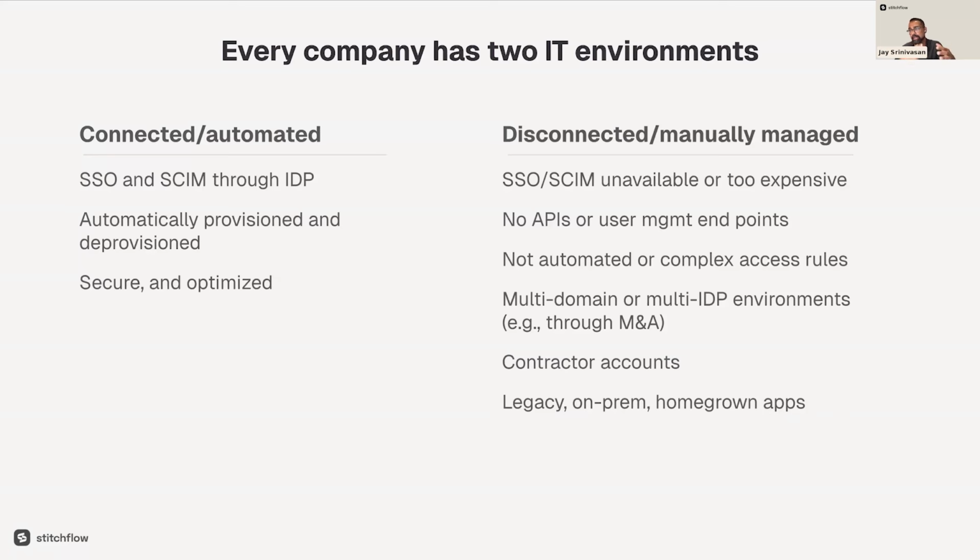A simple way to think about this is you have an identity provider like Okta or Active Directory or OneLogin or JumpCloud, and the tools that connect through Okta, so single sign-on through Okta, as well as when someone joins or leaves your company, folks are automatically provisioned or deprovisioned. That's the SCIM part. That is the connected and automated world. And the thing about this environment is it tends to be secured and optimized.